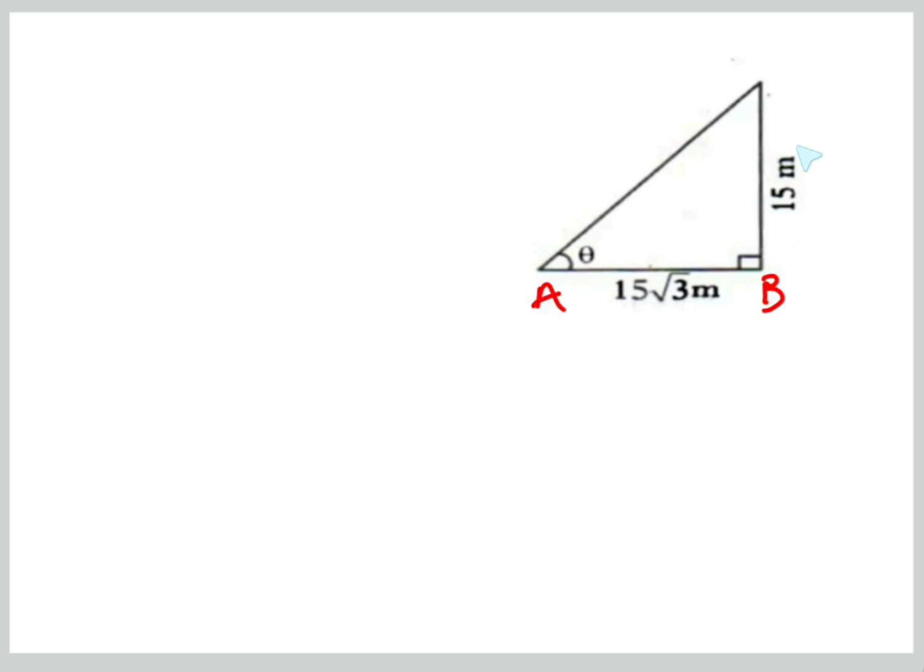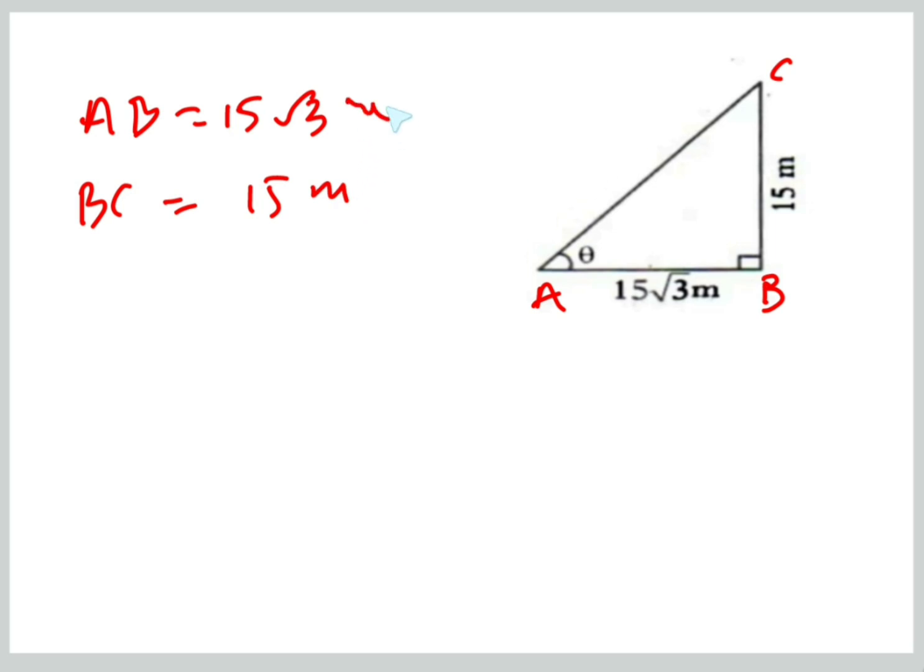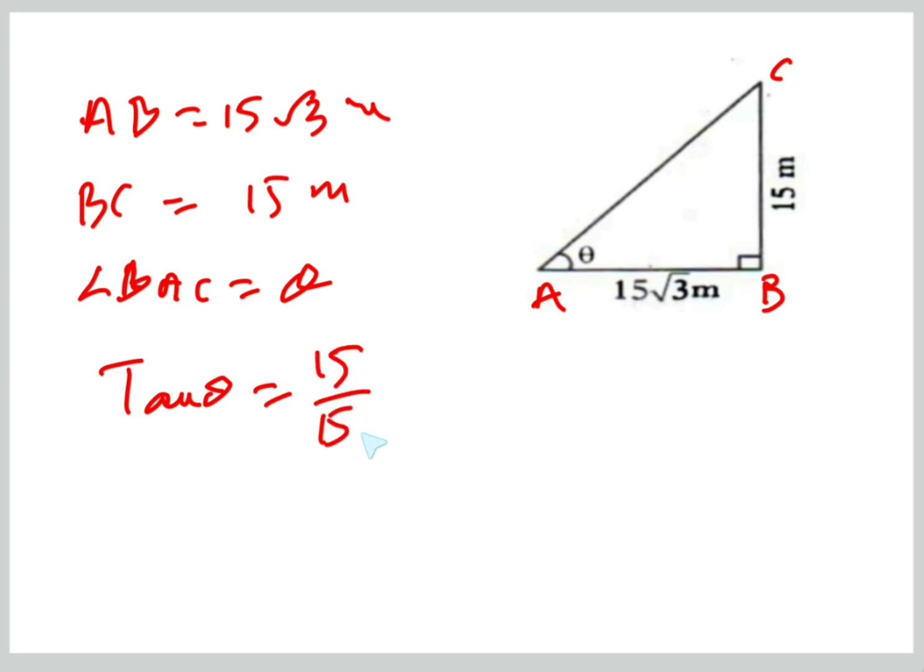We know that AB is the shadow 15 root 3 and BC is the height of the pole, 15 meters. Now angle BAC is equal to theta. The relation between these two is tan theta equal to 15 by 15 root 3.